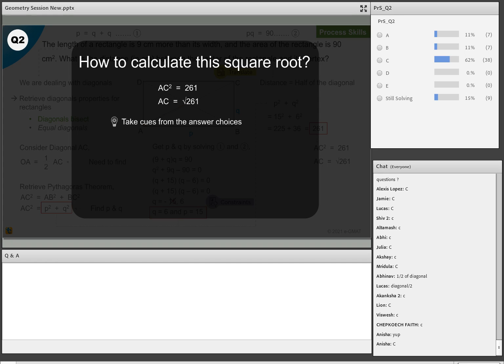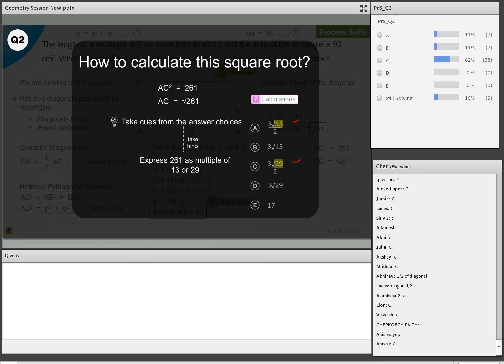What I do is I take the help from the answer choices. In the answer choices, I have 13 and 29. I'll try to write 261 in terms of 13 or 29. Now 13 times 20 is equal to 260. So definitely 261 is not a multiple of 13. So that essentially tells me that 261 has to be a multiple of 29.